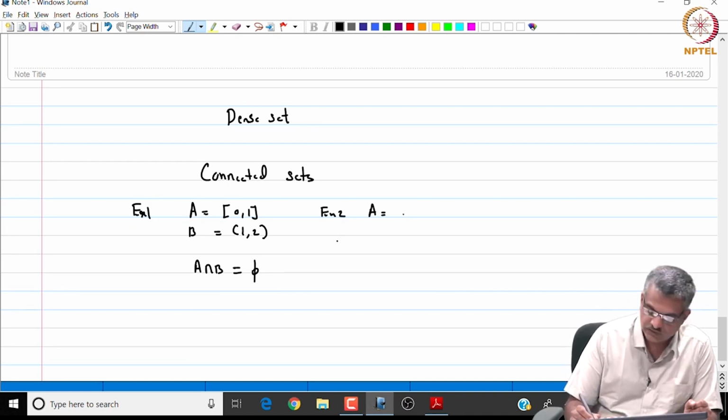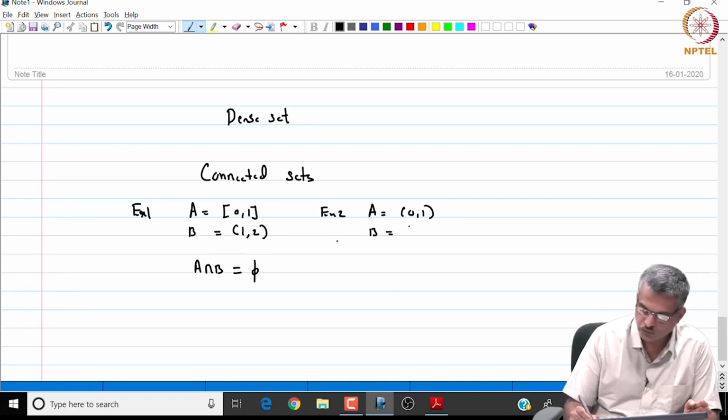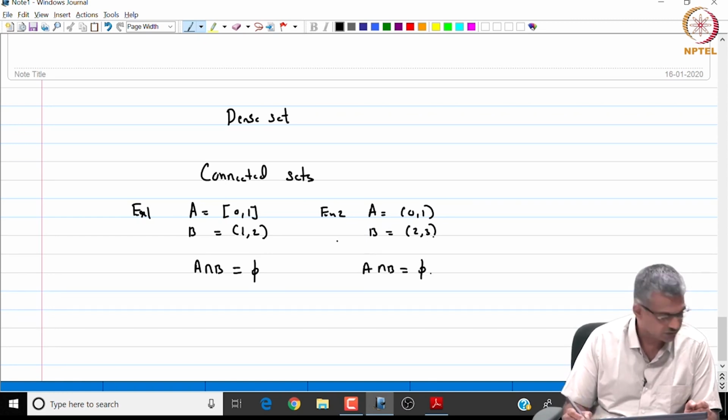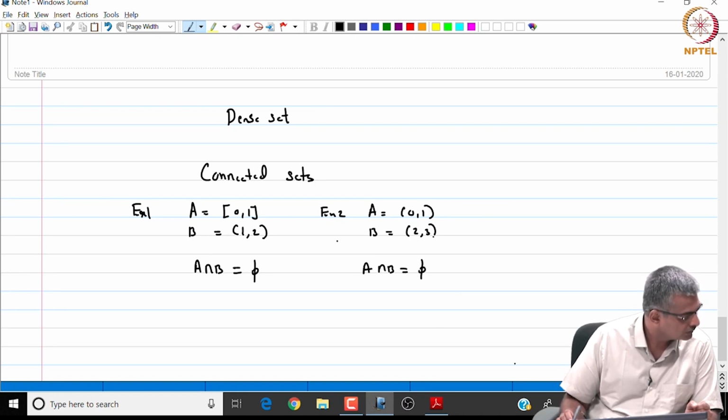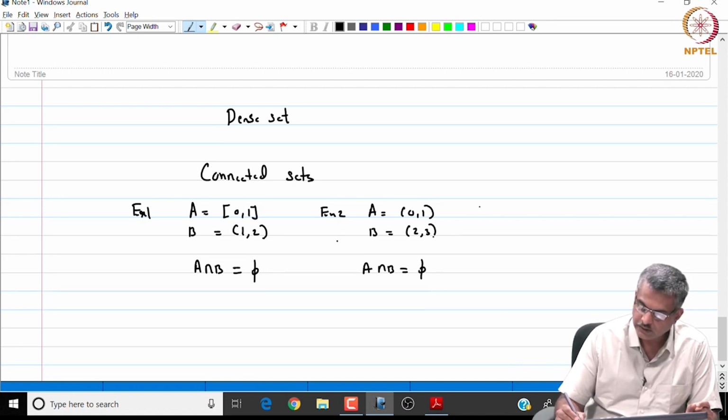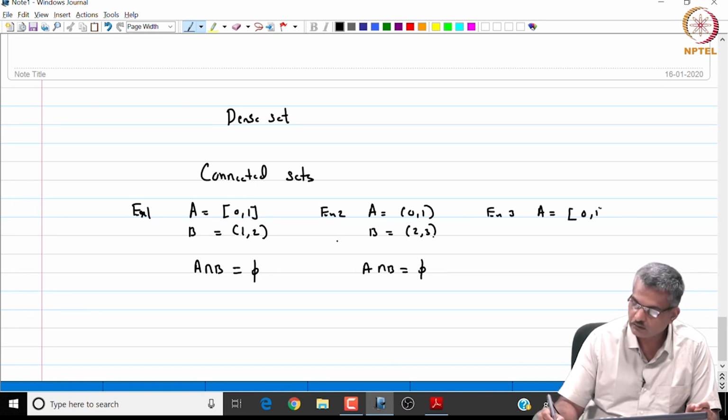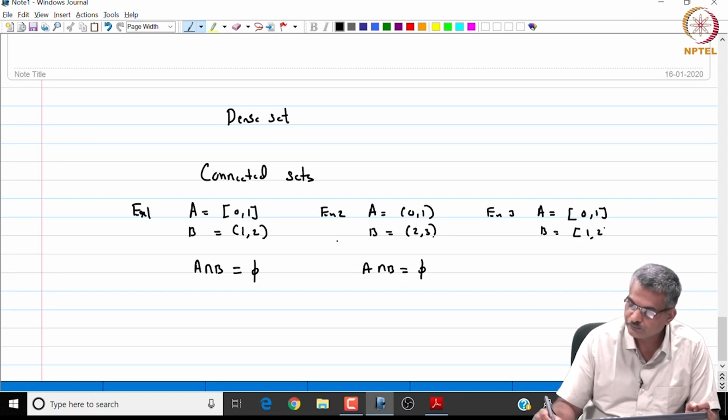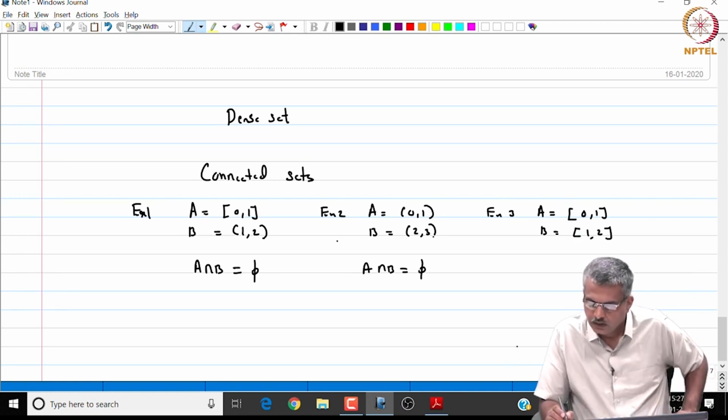So, A is 0 1 and B is 2 and 3. Well, here too A intersection B is the empty set. And let me take another example where A is 0 1 and B is 1 and 2.